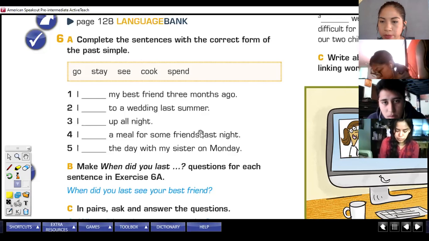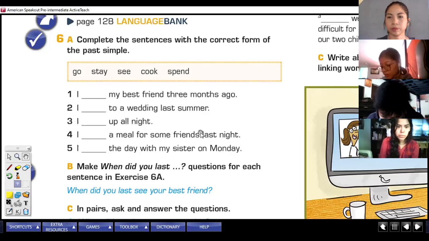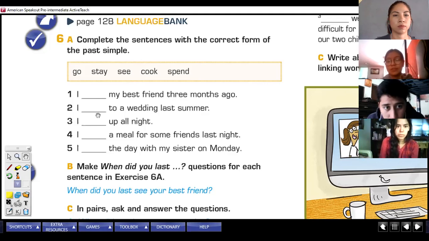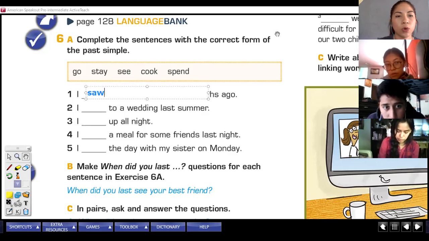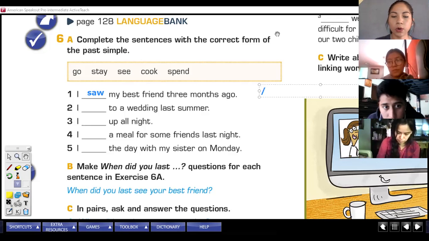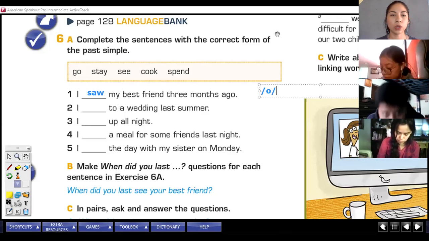Andrea, can you read number 1, please? I saw my best friend 3 months ago. Yes, okay. Here, the pronunciation of AW is O. I saw. So this sounds like a simple O. I saw my best friend 3 months ago.